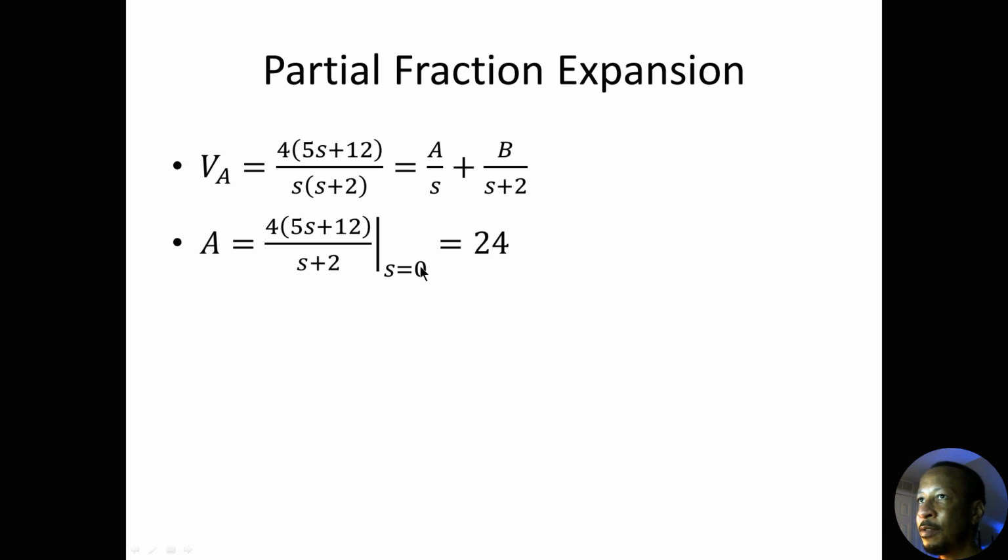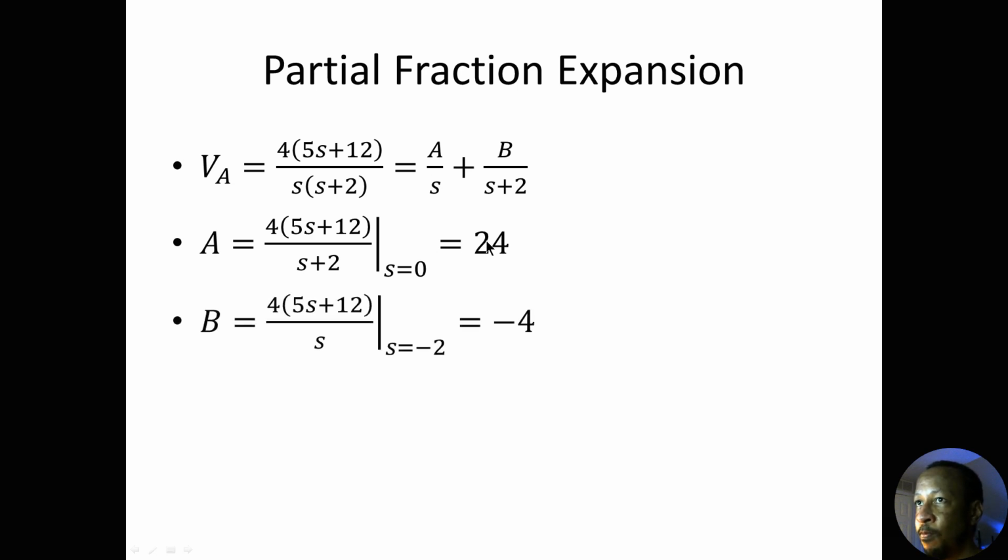And once you make s 0, then you eliminate this, and you are left with just A by itself. Of course, that eliminates the B expression on the right side. At the same time, it gives you an expression on the left side. And so with s equals 0, you have A equal to 24.